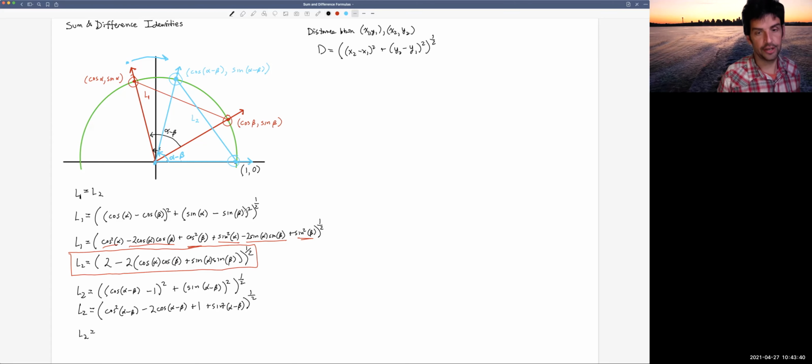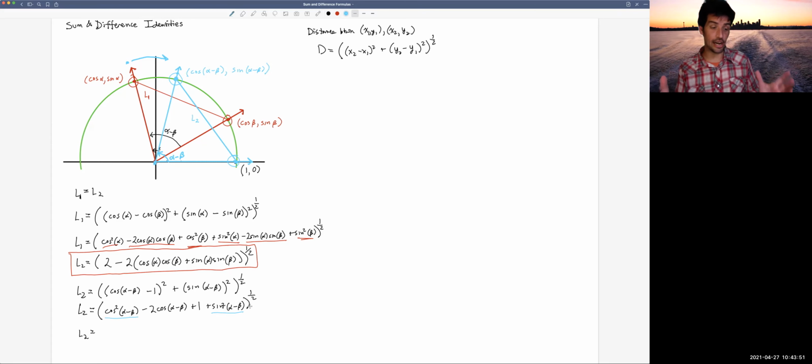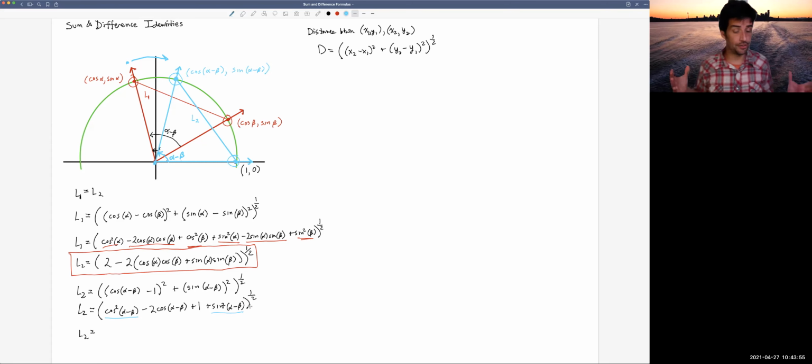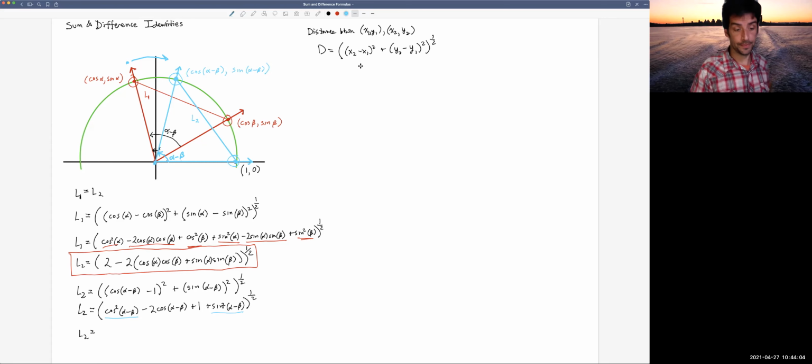And we're almost there. We're going to play a similar game. Cosine squared alpha minus beta plus sine squared alpha minus beta. So don't worry about how complicated the argument of cosine and sine are, that alpha minus beta. Alpha minus beta is just some angle, and they're the same angle. Whatever alpha minus beta is, it's the same thing. So if you take cosine squared of an angle and sine squared of an angle, you're going to get 1.